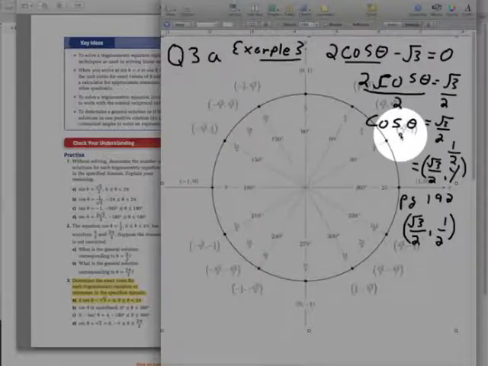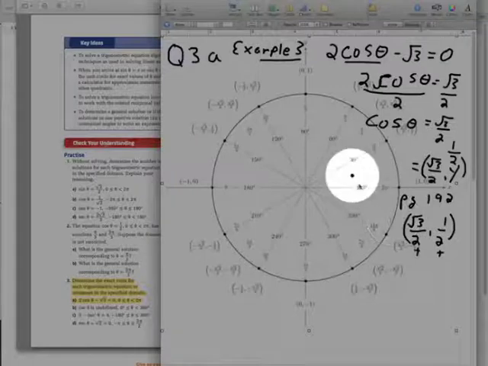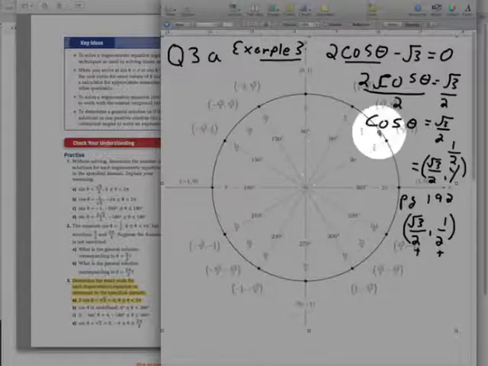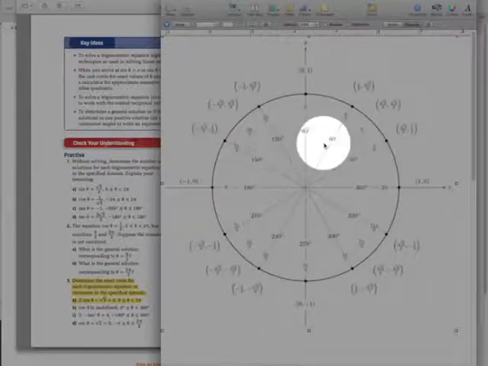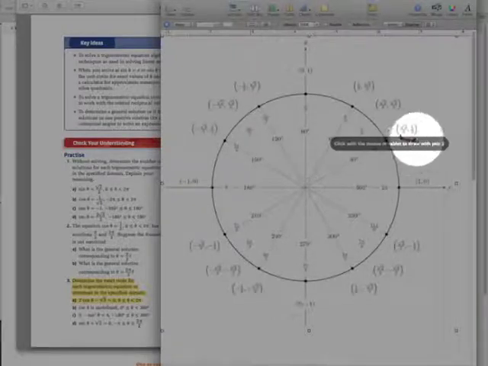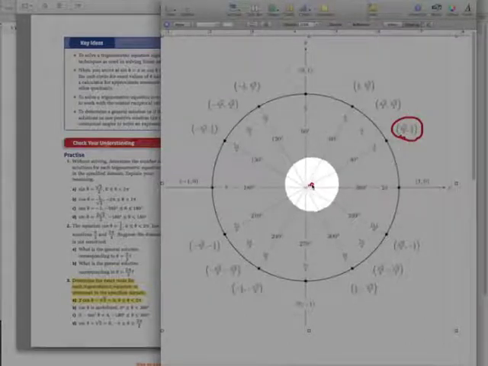So if cos is x and sine is y, then it means I'm dealing with something in quadrant 1, because this is positive and that's positive. So it has to be quadrant 1 because it's the only place where both are positive. And root 3 over 2, let me clear up this work because I actually have those answers sitting there for you. Root 3 over 2, reference from the book, is here, and that's pi over 6.